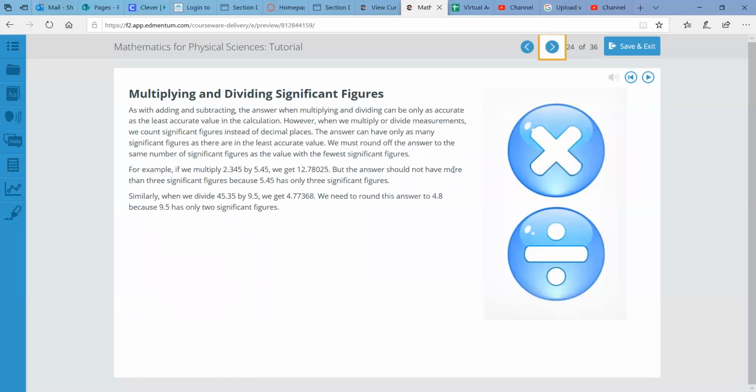Now, if you're multiplying or dividing, you can only contain as many significant figures as the least accurate number you're multiplying or dividing by.